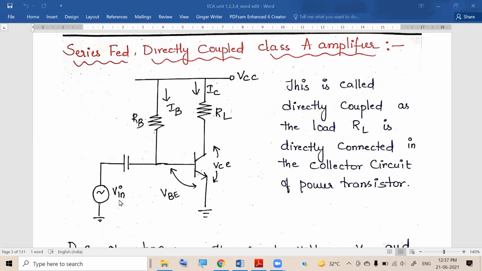So how many powers are we supplying here? Is it only this AC power we are supplying, or anything else? Just now we discussed the DC power. So actually, to the circuit we are supplying the DC power as well as the AC power. But just now we discussed that the AC input power is very small.